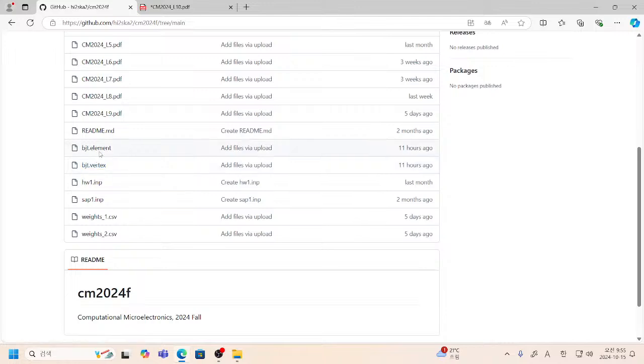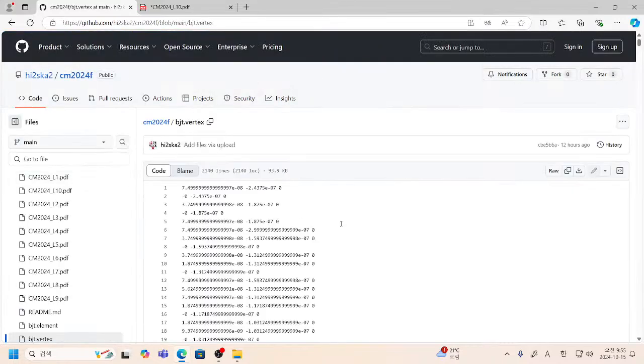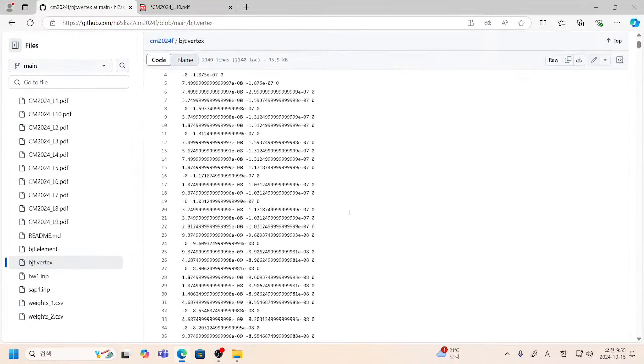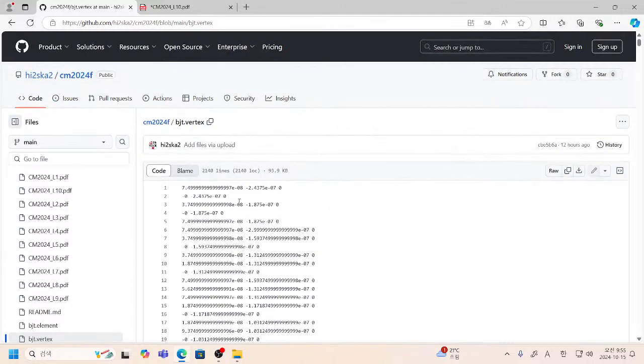bjt.vertex and bjt.element. When you click this vertex file, then as I told you before, there are many lines, and each of them corresponds to numbers. Oh, here we have 3 different numbers. Oh, is it really 3D?